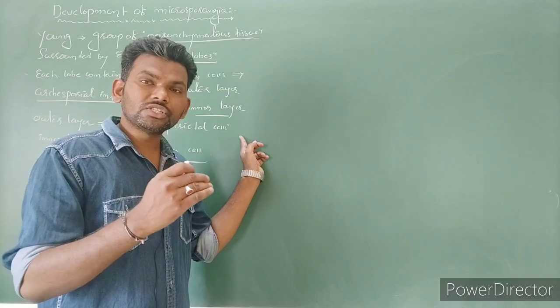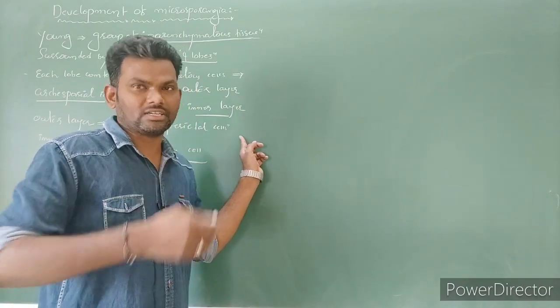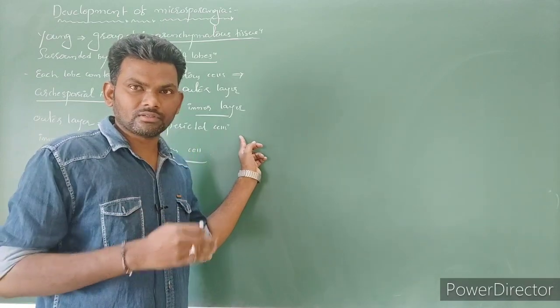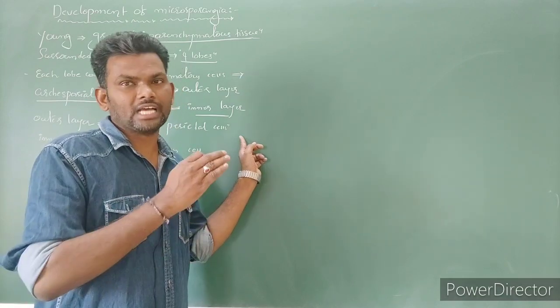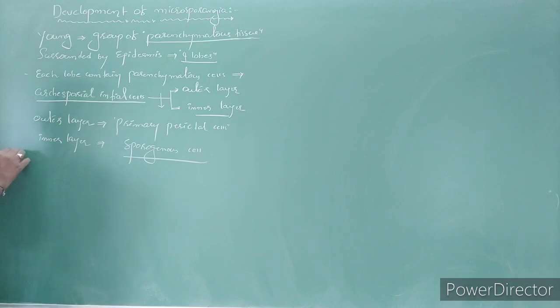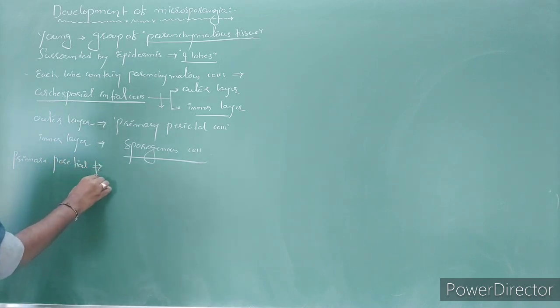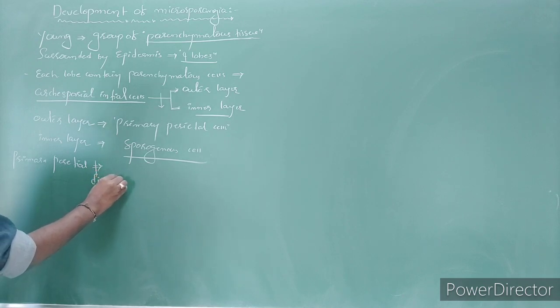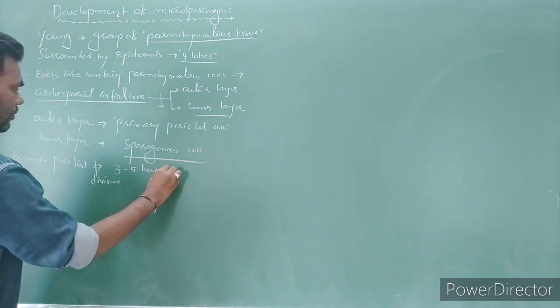These 3 to 5 layers differentiate into 3 layers: endothecium, middle layers, and tapetum. So the primary parietal layers undergo division to form 3 to 5 layers.